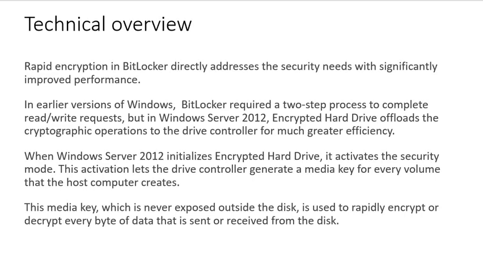When Windows Server 2012 initializes an encrypted hard drive, it activates the security mode. This activation lets the drive controller generate a media key for every volume that the host computer creates. This media key, which is never exposed outside the disk, is used to rapidly encrypt or decrypt every byte of data that is sent to or received from the disk.